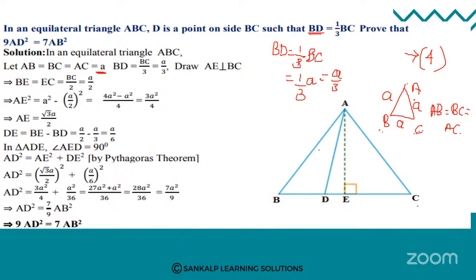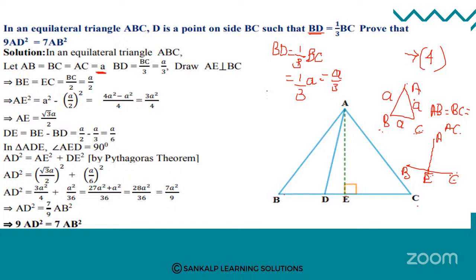Now, BE is equal to EC. What happens to BE when you draw AE perpendicular to BC? Then this point E divides the line BC into 2 equal parts, that is BE and EC.